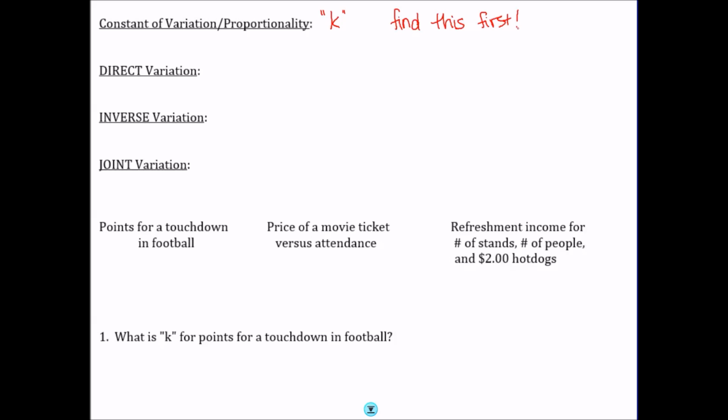For direct variation, we use the formula y equals k times x. In a problem, you will see the phrase y varies directly with x, or y varies directly as x.